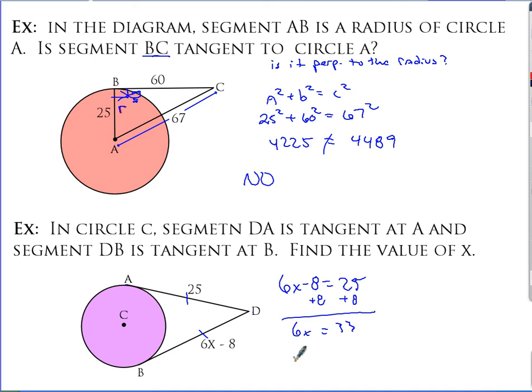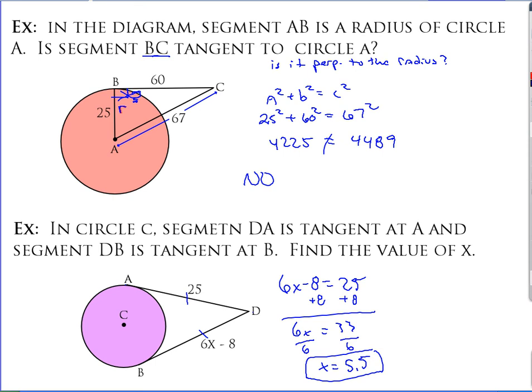And then what do we do? Divide by 6. We get x is equal to 5.5. Approximately or exactly? Exactly. Nice. Questions on that? Okay.